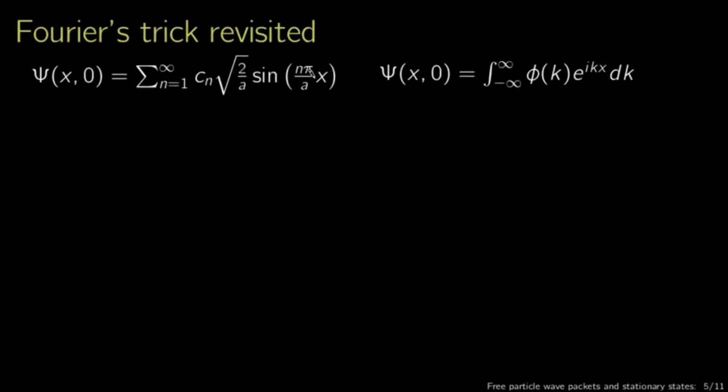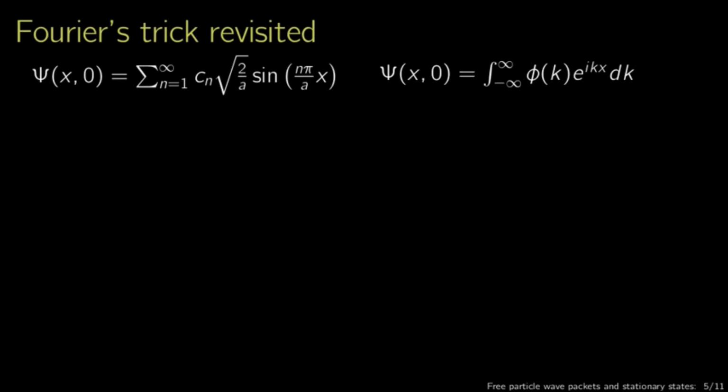But first of all, let's go back to what we did in the case of the particle in a box and spell out some of the details so that we can make an analogy. On the left-hand side here we have the results for the particle in a box, whereas on the right-hand side we have the results as I have outlined what they might look like for the free particle.